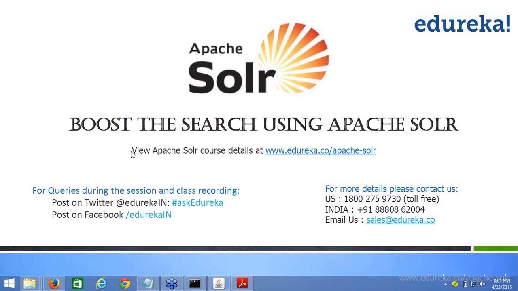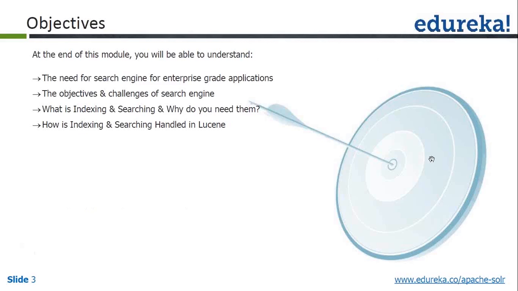So let me quickly go through what exactly we would be covering in the session today. At the end of this module, you would be able to understand why we need search engines for enterprise grade applications.